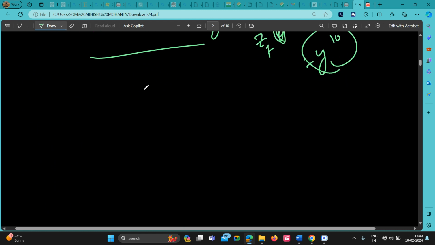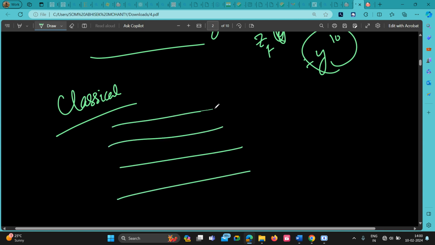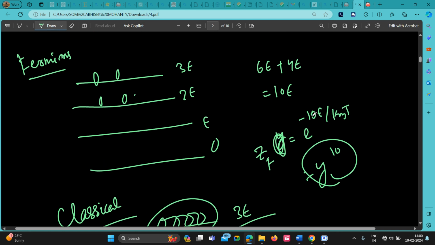Okay, now classical. Again, in classical we can arrange everything in the upper state, all four, no restriction. Actually, this fermion, I'm sorry.